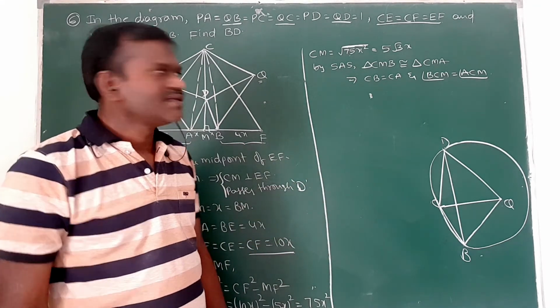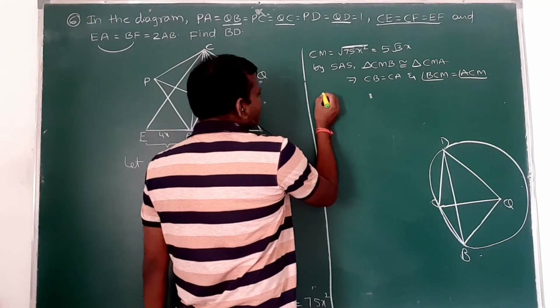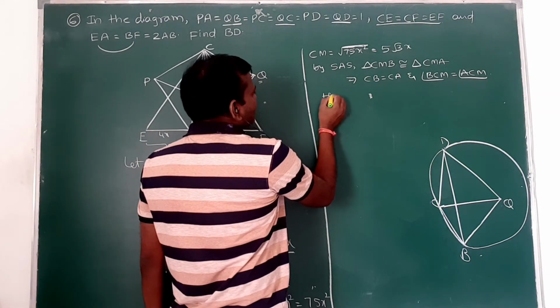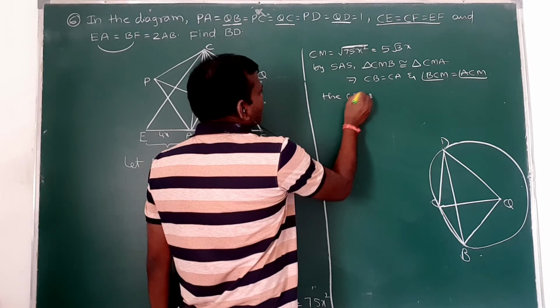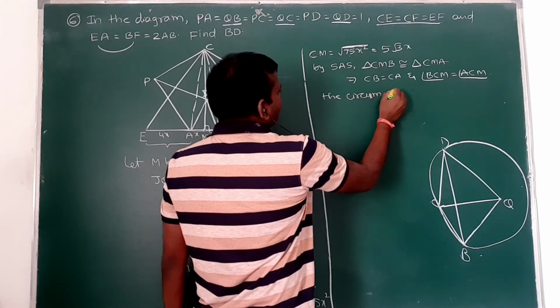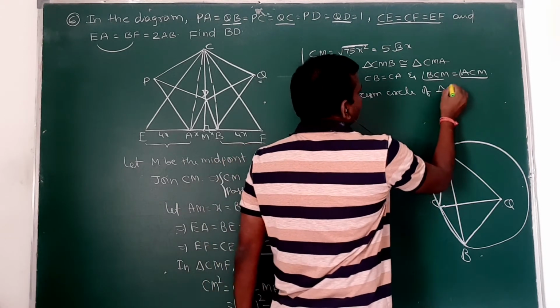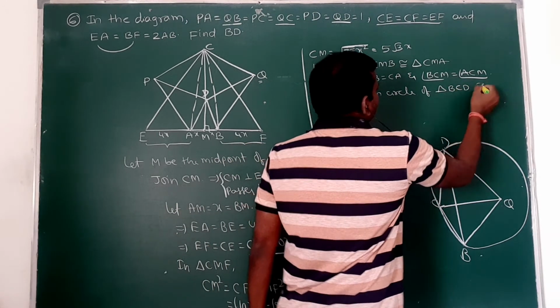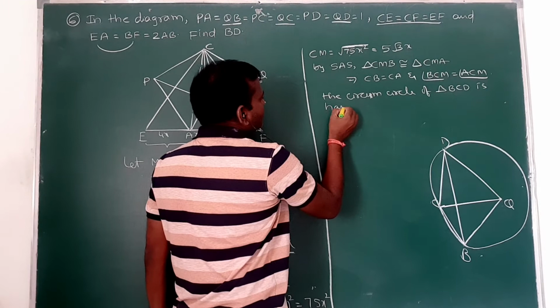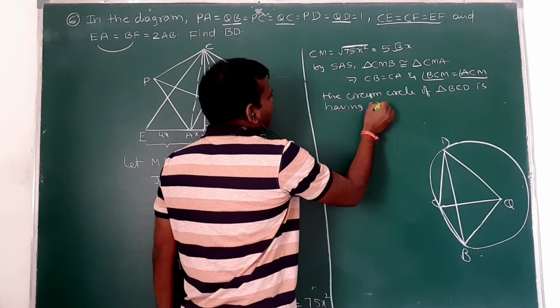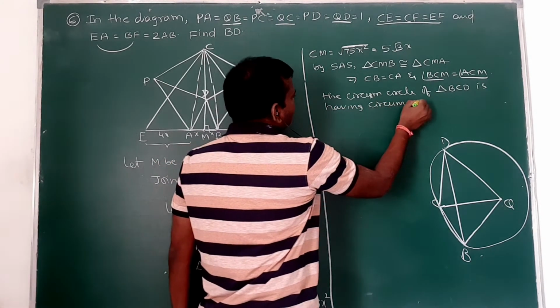One more important observation: the circumcircle of triangle BCD has circumcenter Q.